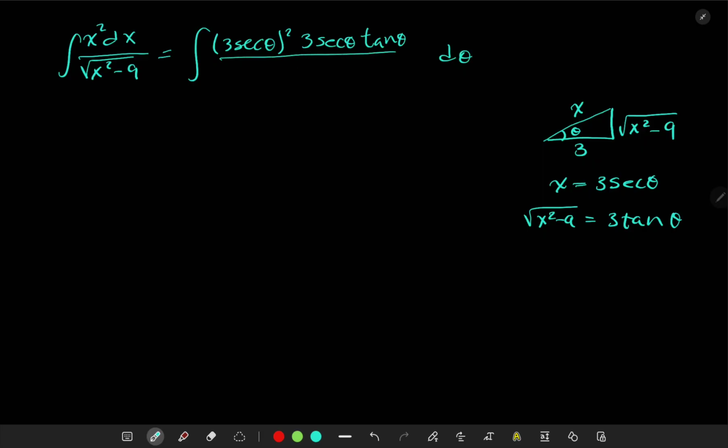And then here you have a 3 tangent here, and you see you cancel 3, cancel tangent, and you end up with a very similar integral to what we had before, the secant cubed. So we're going to have 9, and with a 9 as well, secant cubed.